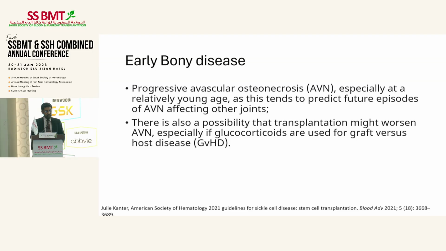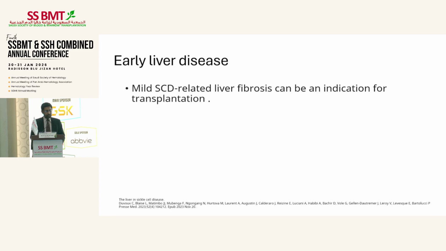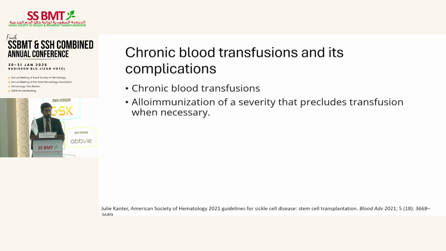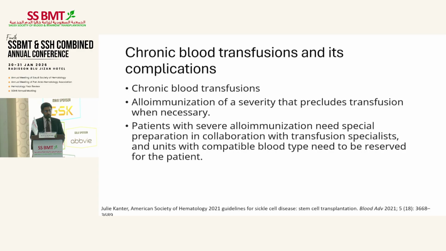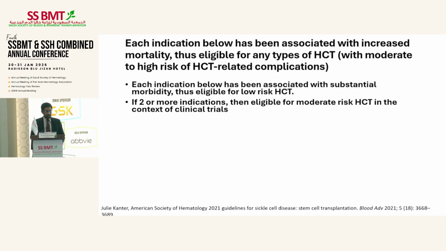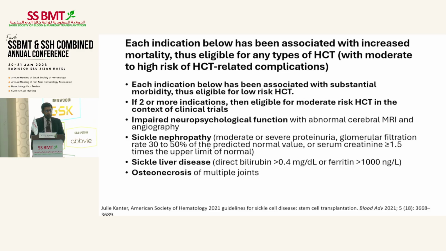And AVN, again, is considered an indication in certain cases. Early liver disease and chronic blood transfusion complications. We all know alloimmunization. Patients who are receiving multiple blood transfusions over a long period will develop alloimmunization, and it is very important that we avoid that.